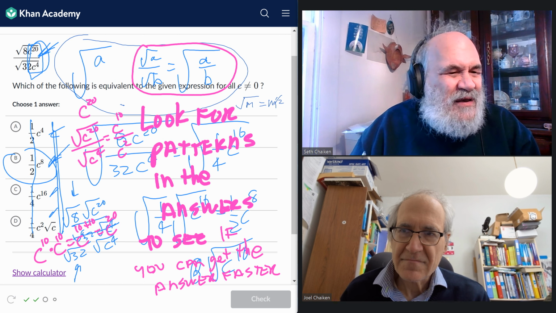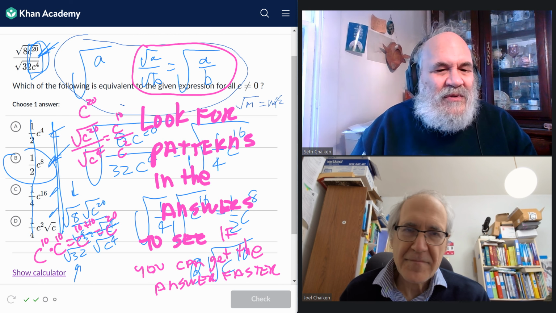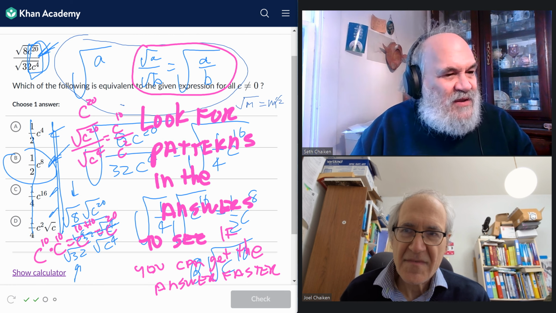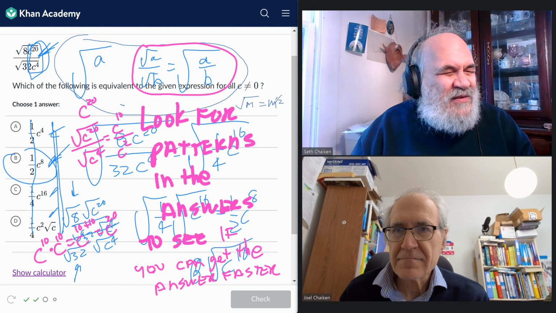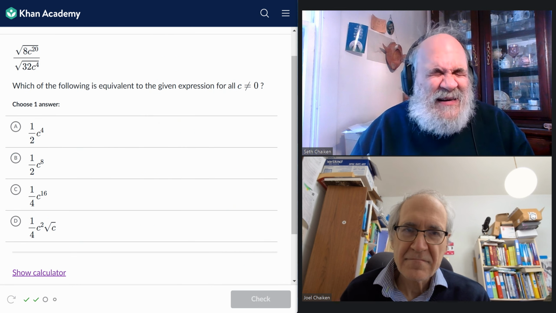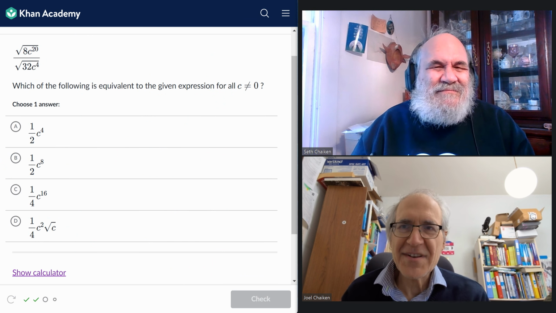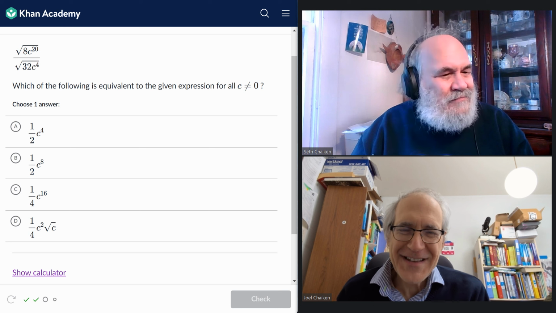Can a calculator be of any use? In other words, or relatedly, is this a problem where it's a bad idea to use a calculator? You can use a calculator, but it would take you a long time.